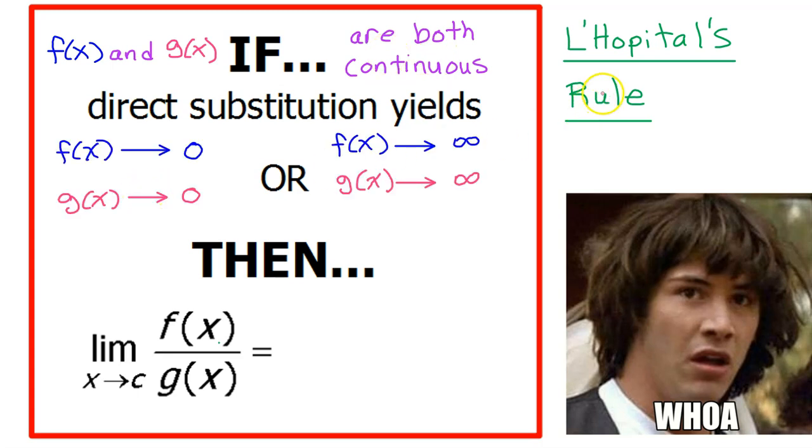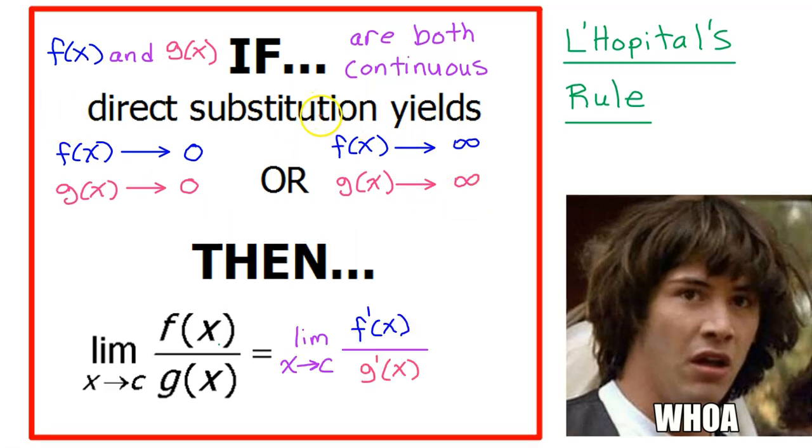Also, for L'Hopital's rule to apply, the numerator and denominator must both be approaching 0, or they must both be approaching infinity. If all this is true, then L'Hopital's rule says the limit of f over g is equal to the limit of f prime over g prime. In other words, you can take the derivative of the numerator and denominator separately without changing the limit.